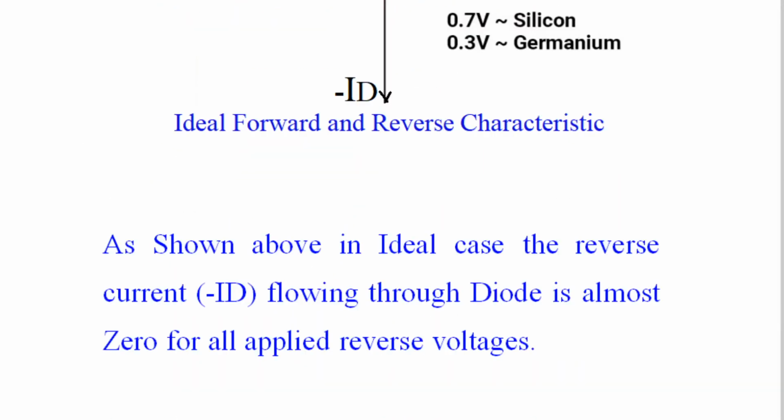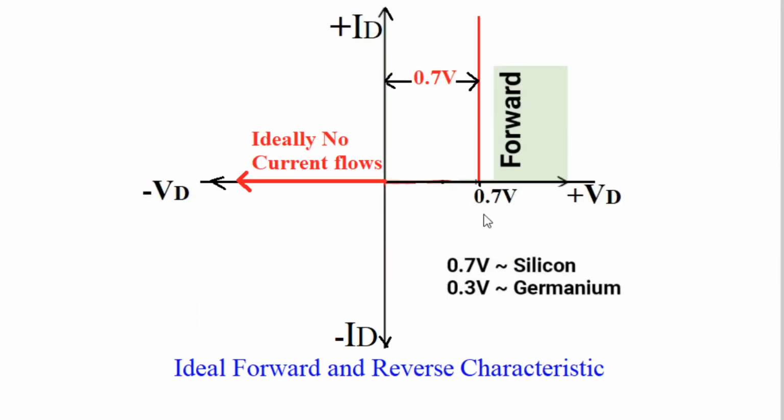So this is the difference between an ideal diode and a practical diode. The ideal concept is an imaginary concept which does not exist in real life; there is always a practical diode. In the ideal condition, apply any amount of reverse voltage, minus 1, minus 2, minus 20, minus 30, and no current should flow.